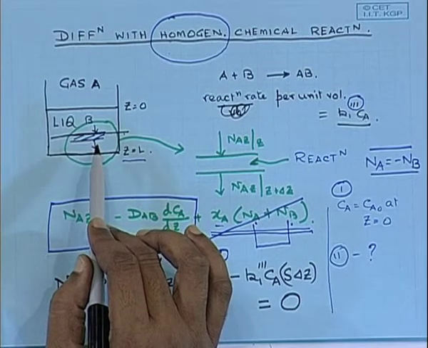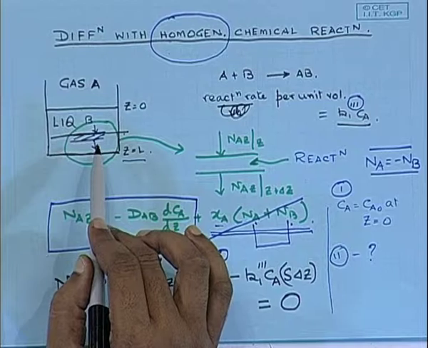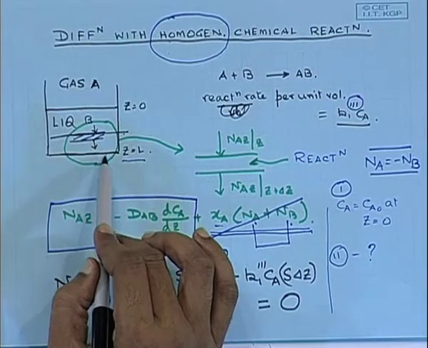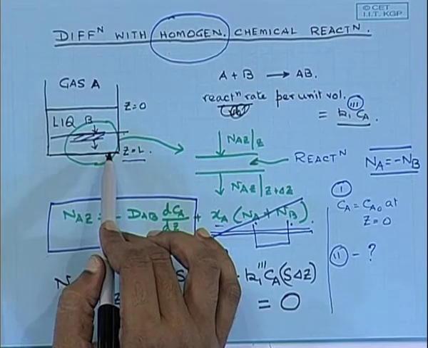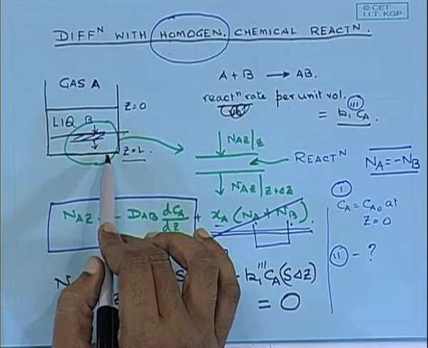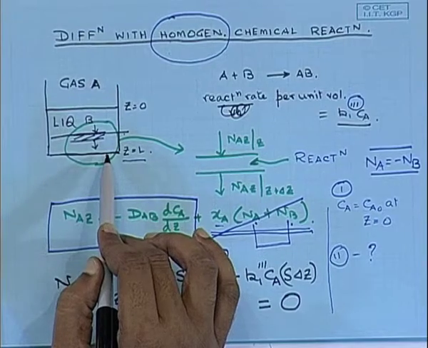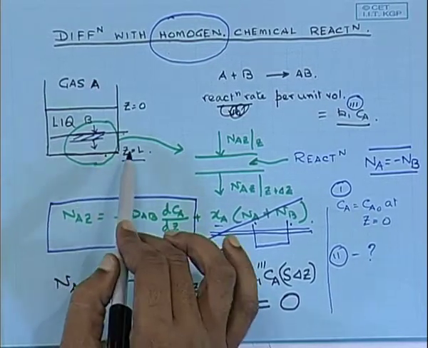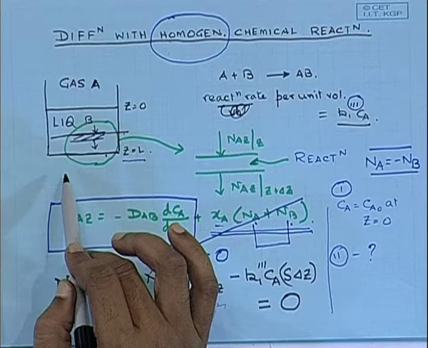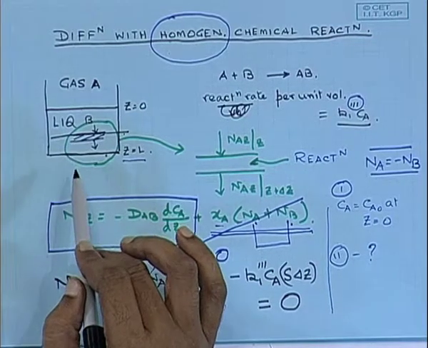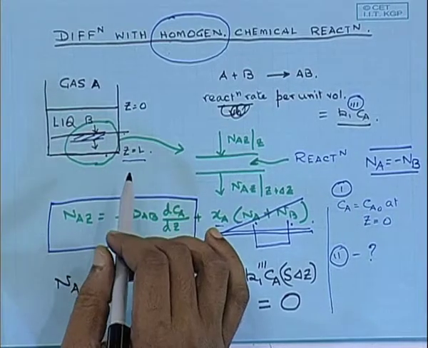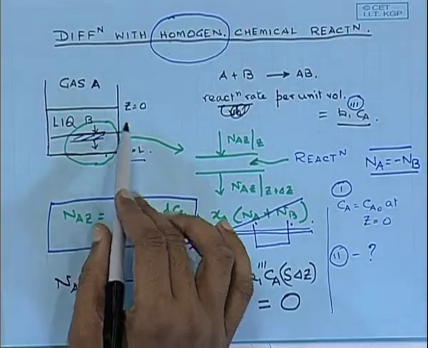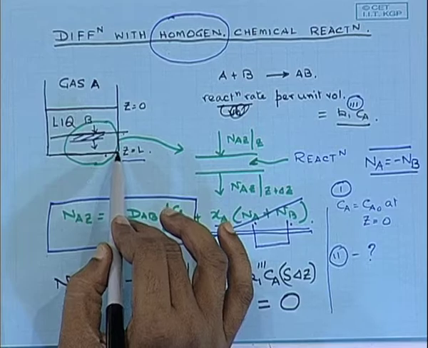So, it is unlikely that all A molecules will be converted to B by the time it reaches Z equal to L. So, what do we have to say so as to make Ca equal to 0 at Z equal to L? Z is very large. So, it is a very deep pool of B. Only if that statement is made, you can say Ca equal to 0 at Z equal to L. But that is not the case. It has a finite depth.